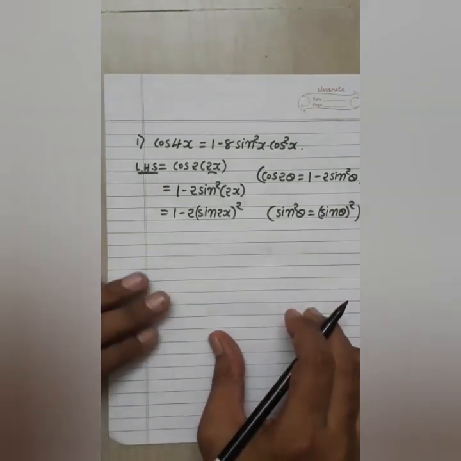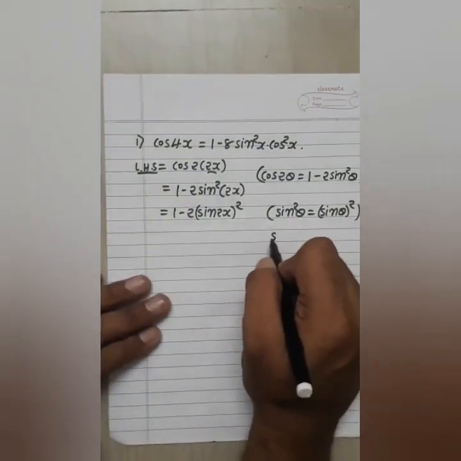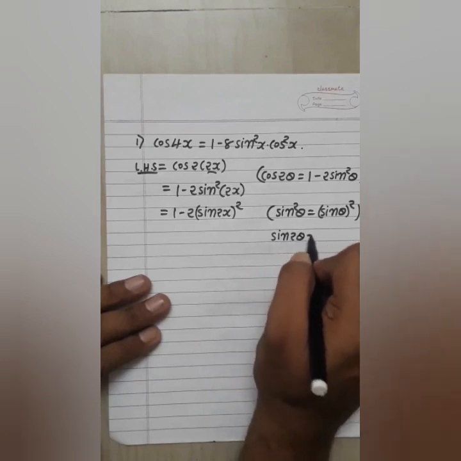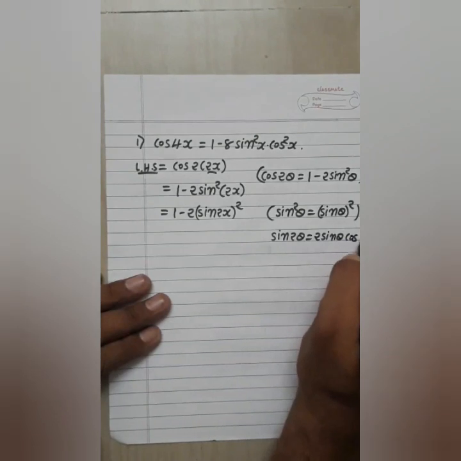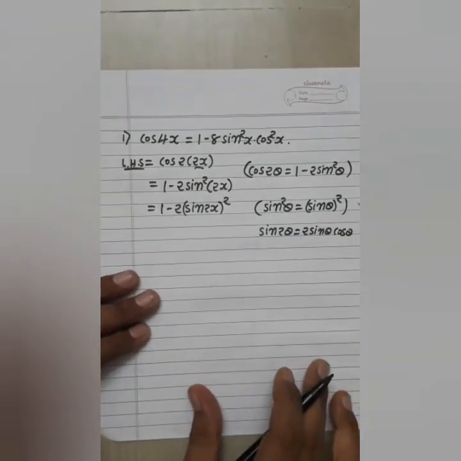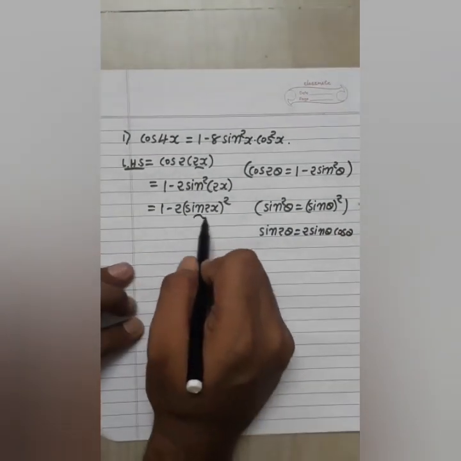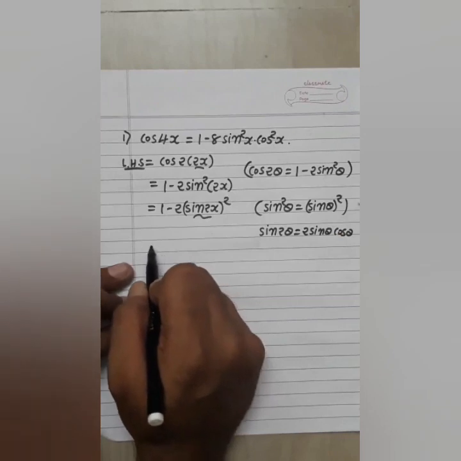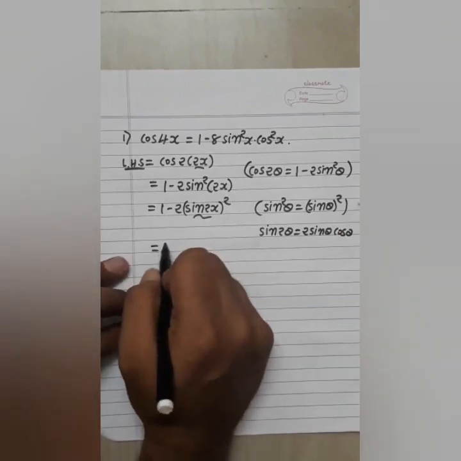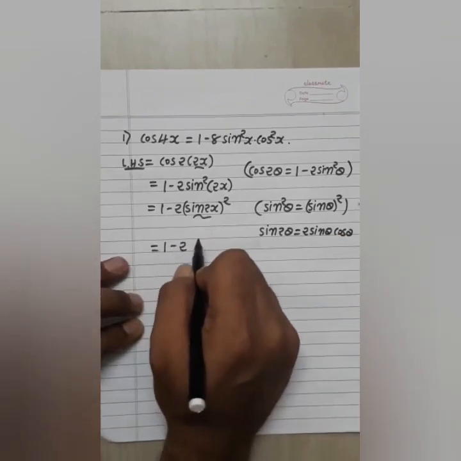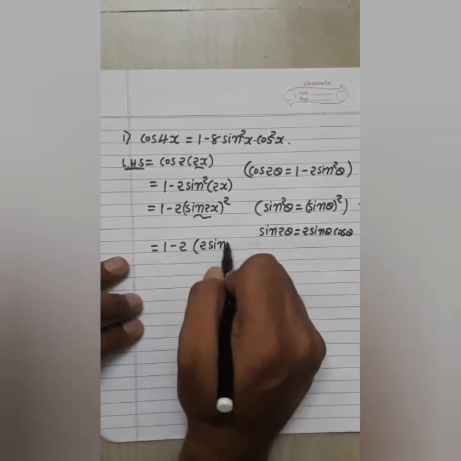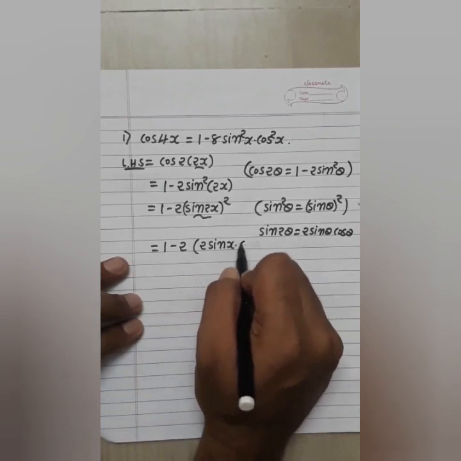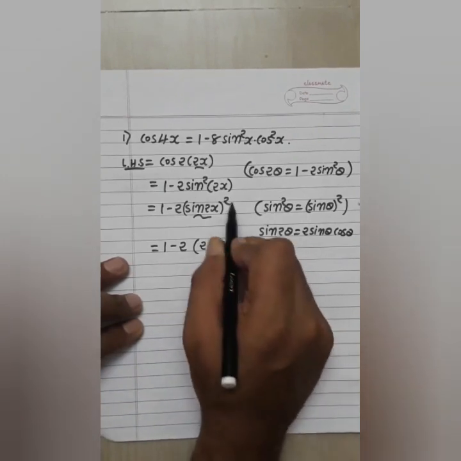Now we know that sin 2 theta is equal to 2 times sin theta into cos theta. So the same identity, sin 2x, apply here. So it is equal to 1 minus 2 in bracket 2 times sin x into cos x, whole square.